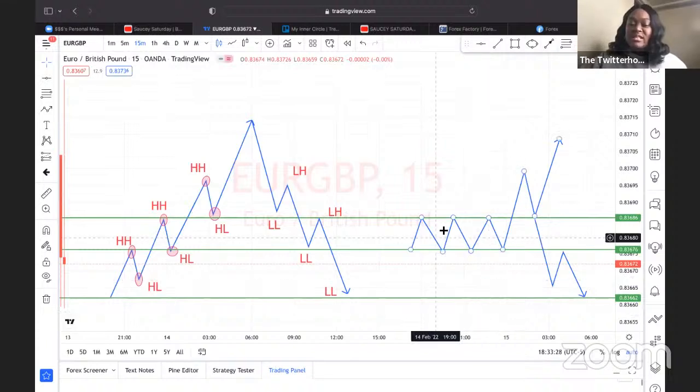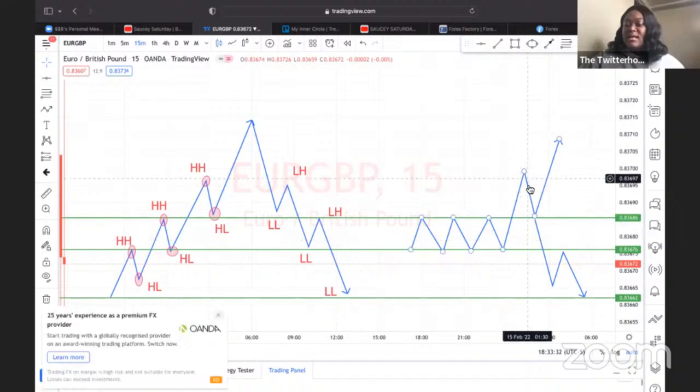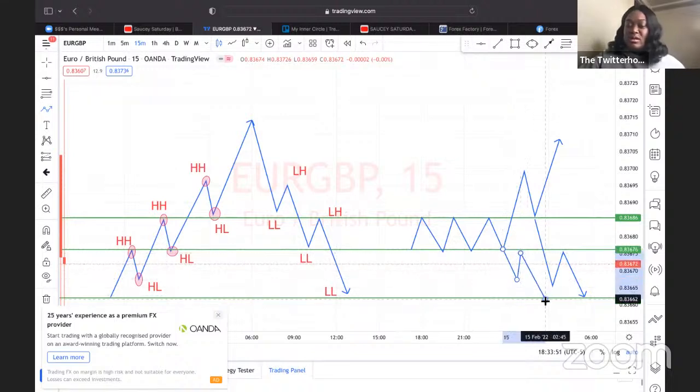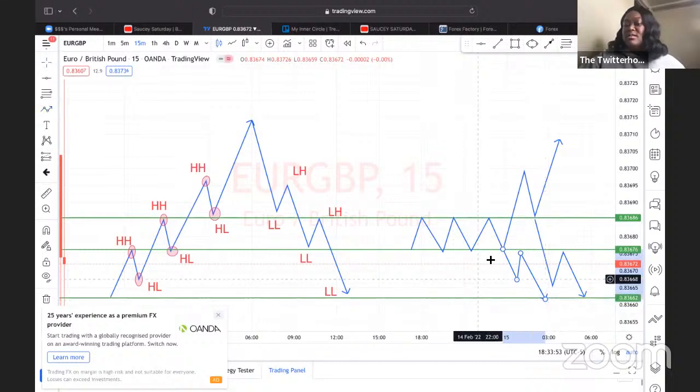When it's in consolidation, we're waiting to either see it break to the upside and we wait for the retest to continue going up, or we're waiting on it to break to the downside. And it could happen this way too, like just go from here, break down, retest, and keep going. That's what we're waiting on.